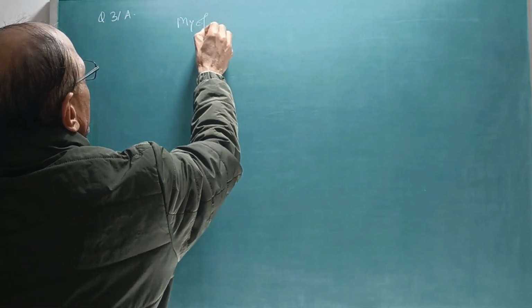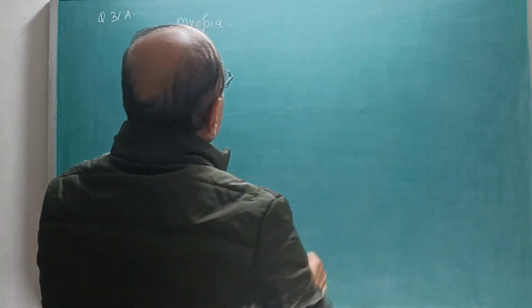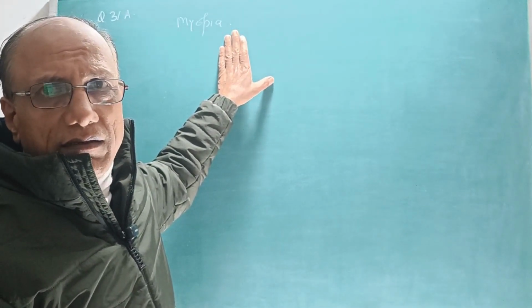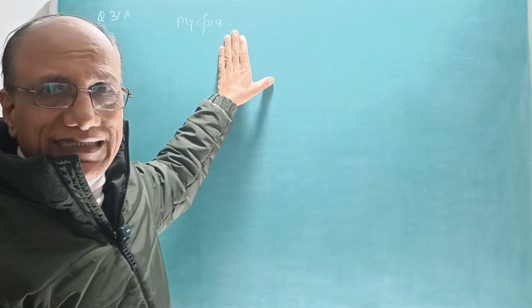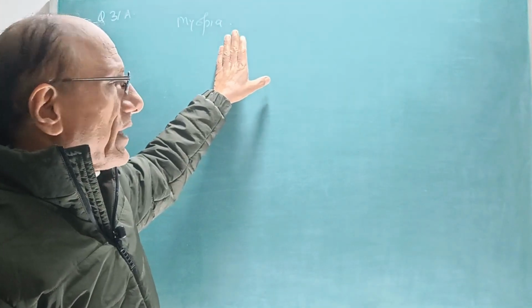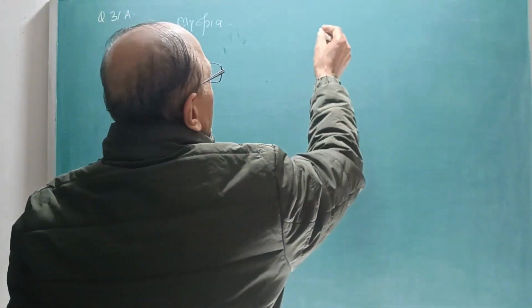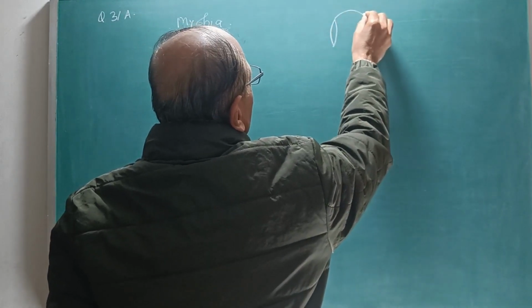So, as far as myopia is concerned, the person can see nearby objects distinctly and cannot see distant objects clearly, like this.